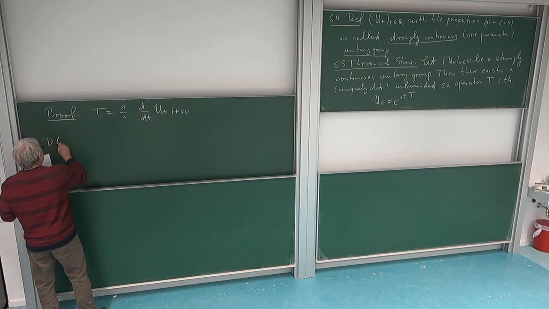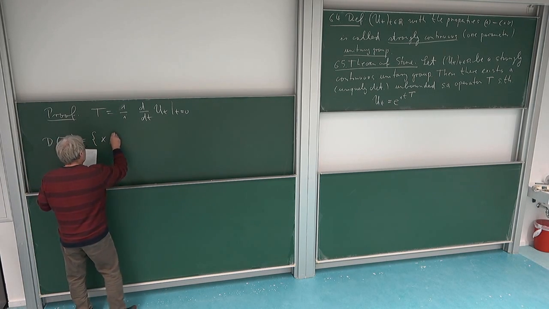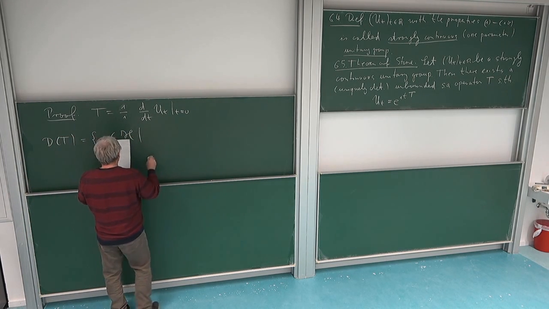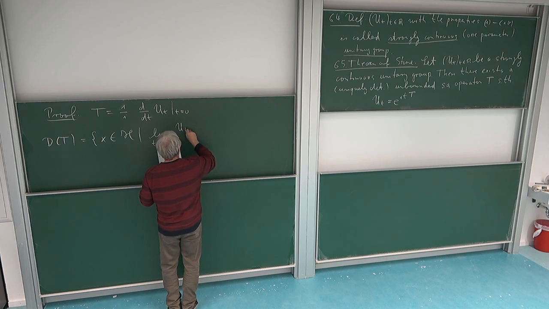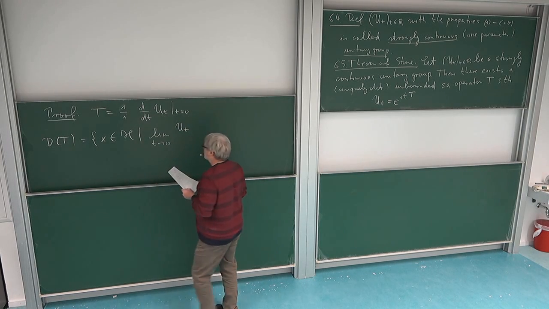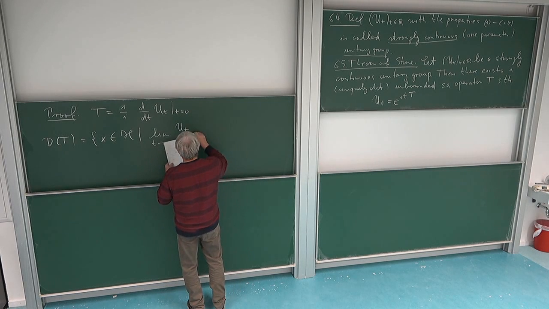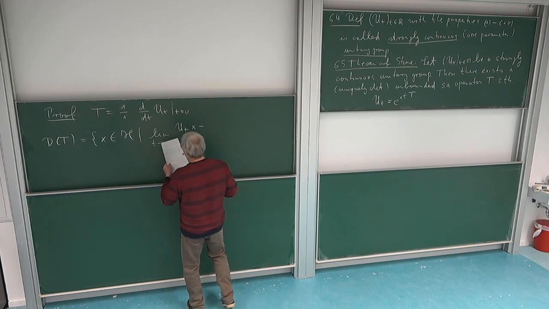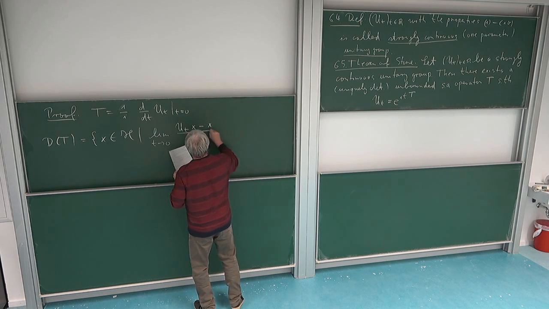So we are setting D(T) as those x in the Hilbert space for which this limit, t going to 0, of the difference quotient for the derivative applied to the vector x exists. So this is (U_t x minus U_0 x) divided by t, where U_0 is the identity, so here I just have x.